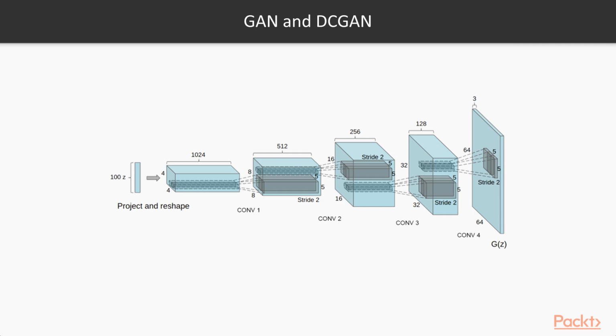And at each step, the convolution is projecting a depth, in terms of a number of features, and then going to a slightly narrower depth. So what we're doing is taking a vector of 100 and making it wider in terms of the x and y and shallower at each iteration until we finally end up with an image that is roughly our target size, in this case 64x64, with our target number of color channels.